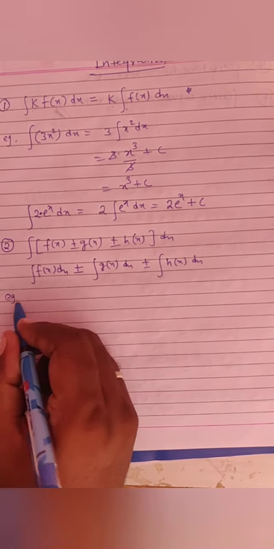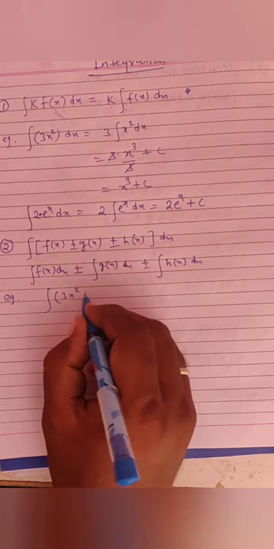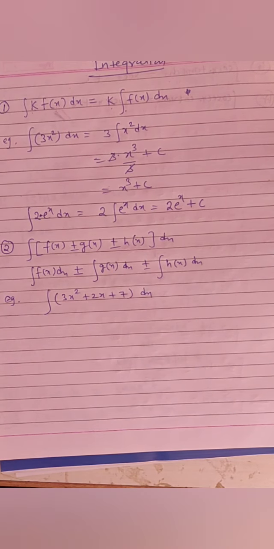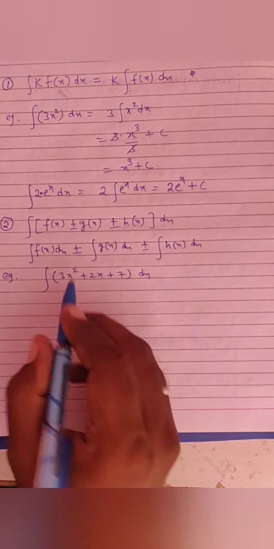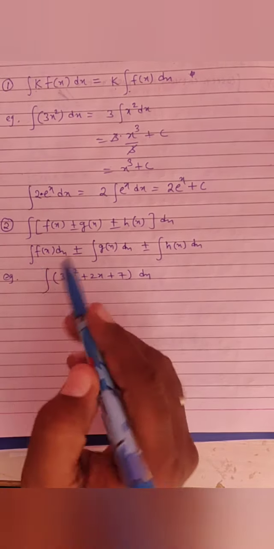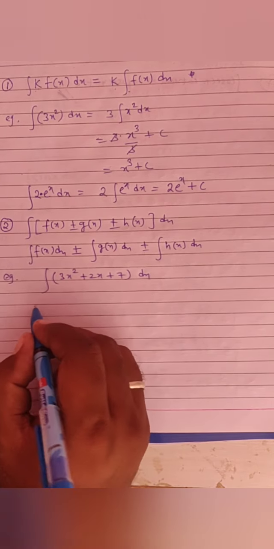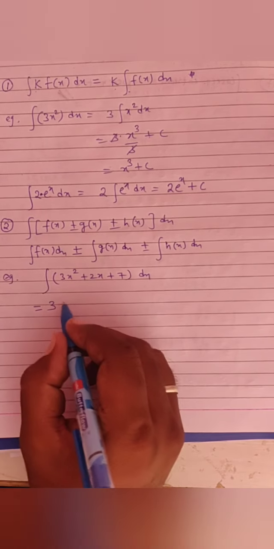Let us take the example. Integration of 3x square plus 2x plus 7. So how to integrate? This is the combination of first and second, because constant into variable is also there. So simply we have to take the constant common and integrate all these terms.